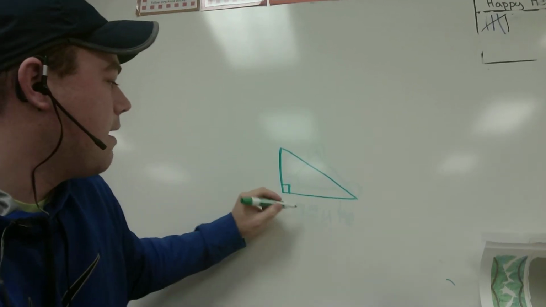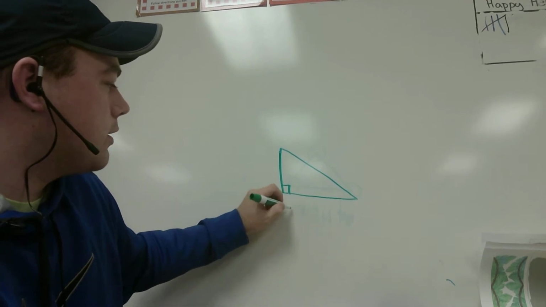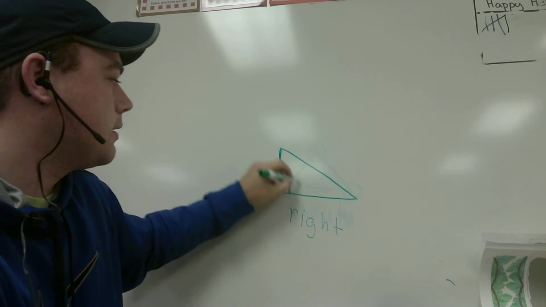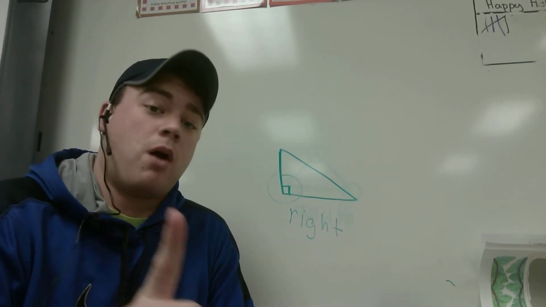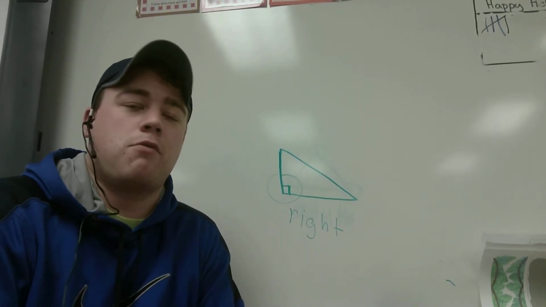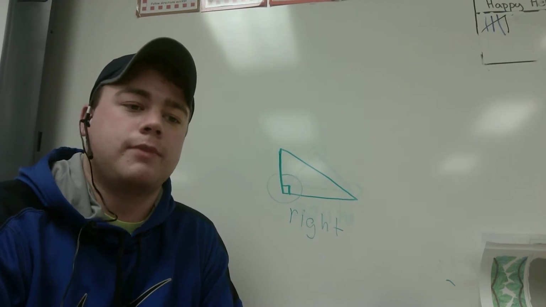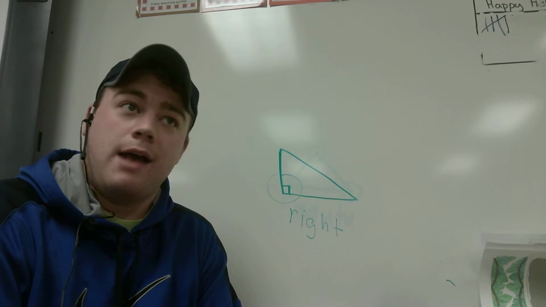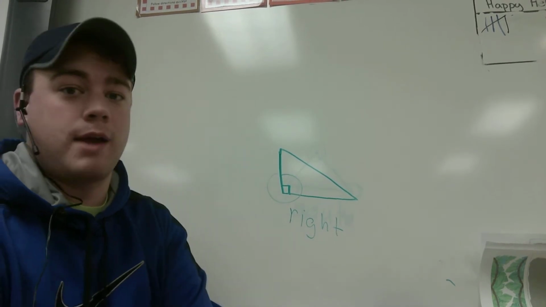We call this the right triangle because of its right angle. It's going to have one right angle. It cannot have two right angles. So if you're looking at a triangle and it has a right angle, then it is going to be a right triangle.